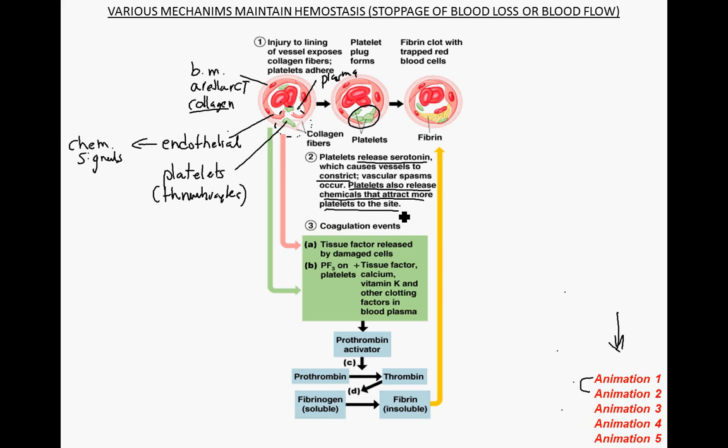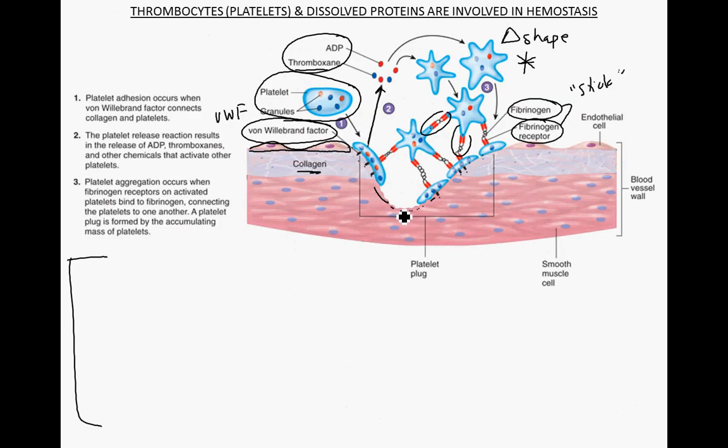So when you go back to here, not only do you get all of this platelet plug stuff happening here, but this thromboxane and this ADP will signal vasoconstriction and will also call other platelets to the area. Okay, so lots of stuff going on right there, and exactly the type of stuff that we could ask on a timed writing.